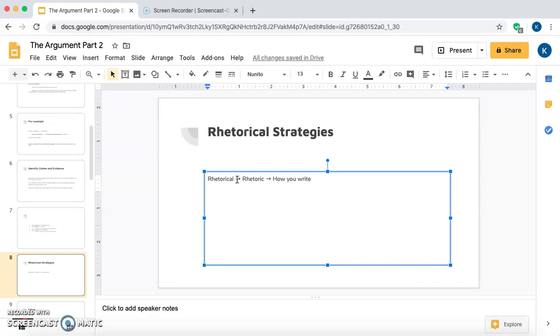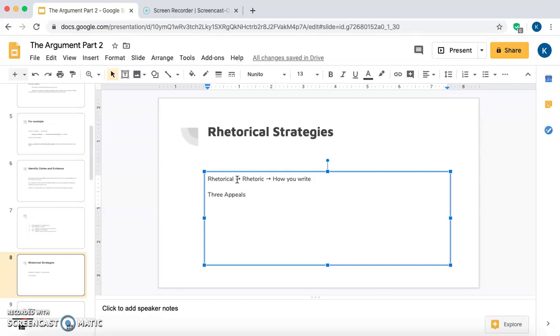There are a couple of different rhetorical strategies that we can use when we're writing, and there are three in the following slides that I want to talk about. You might have heard these before if you've taken, say, a debate class or some sort of speech class, and they are our three appeals, right?